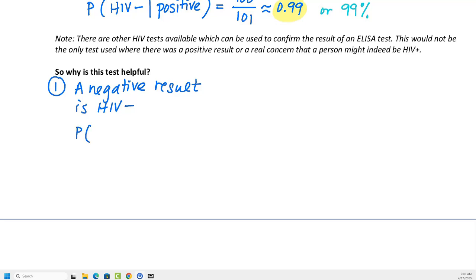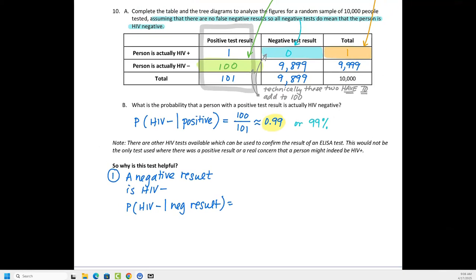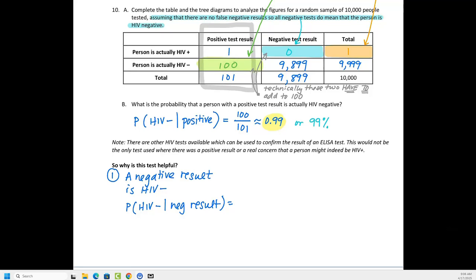If you were to look at the chart, the probability of HIV negative, given that it was a negative result, if I look at my table, given a negative result, if you are HIV negative, it's 9,899 divided by 9,899, right?